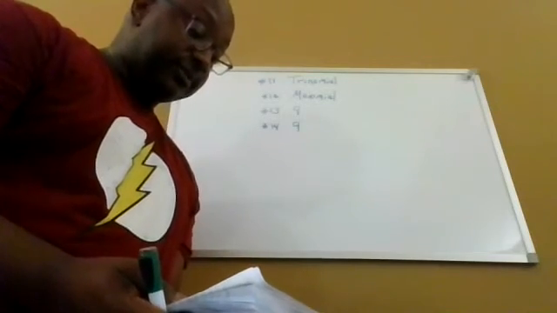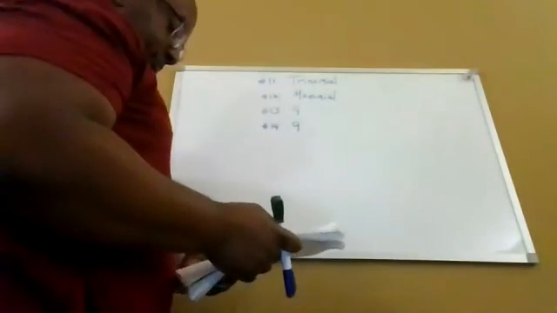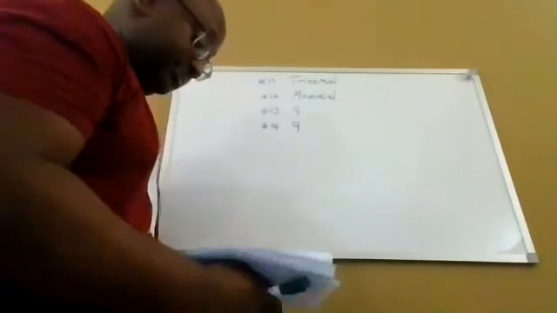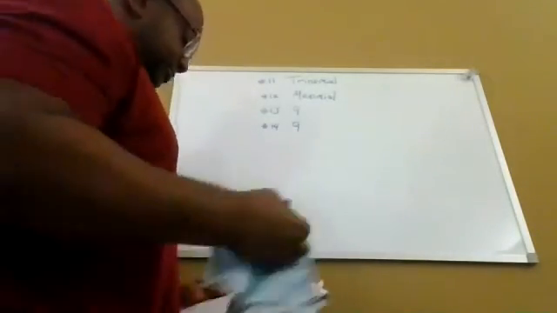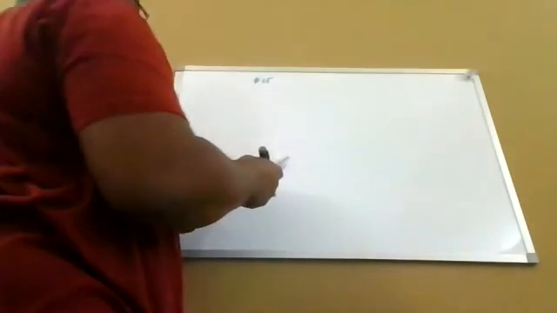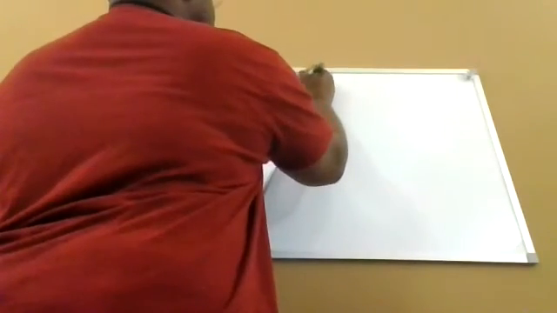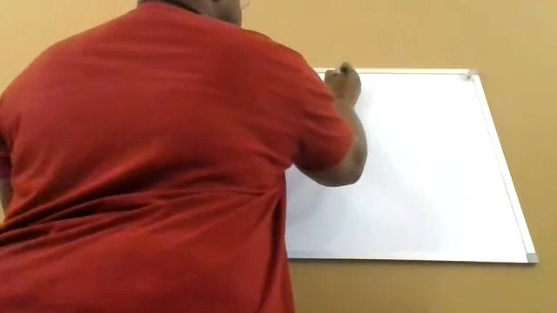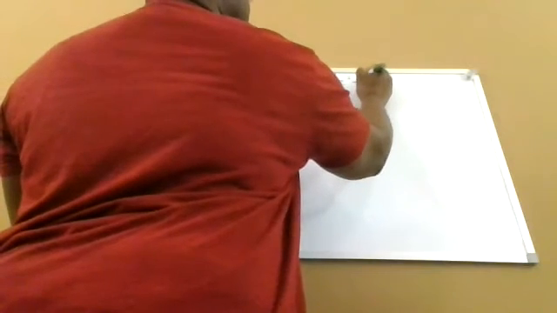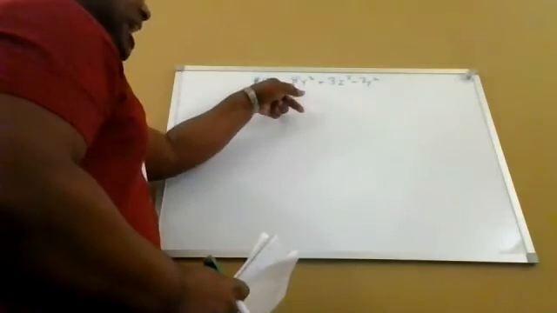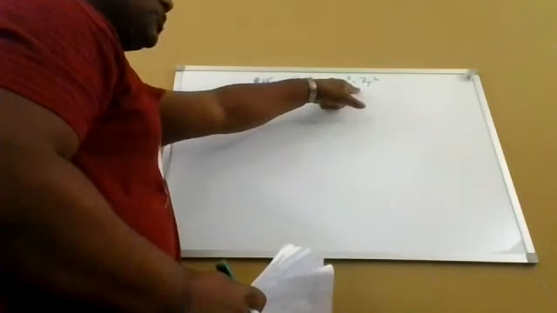Okay, moving on to number 15. For this one, I did write down the polynomial expression. It's not an equation because we don't have an equal sign. So for number 15, we have 8y squared plus 3z squared minus 3y squared.